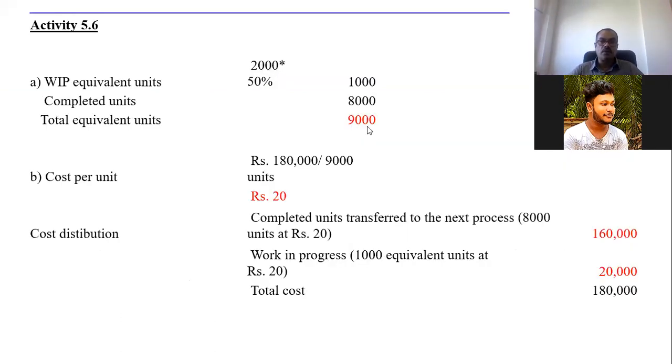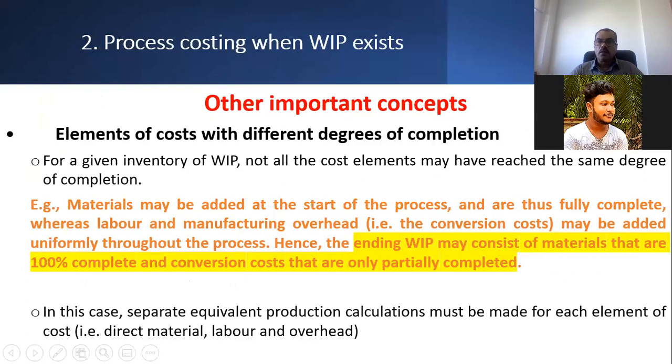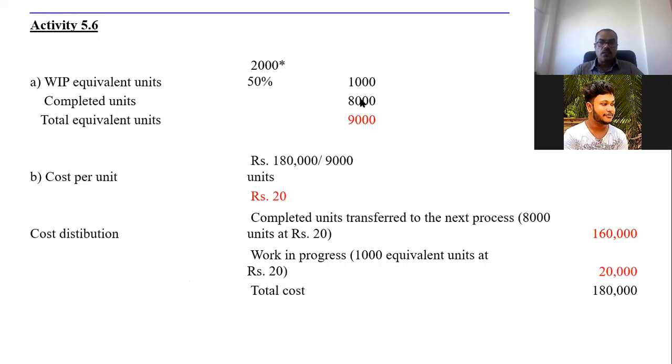Okay, this is the answer. Anyway, some answers are also there. Good, 9,020. Good. And yes, 2,000 into 50%, that is 1,000. Completed units 8,000, altogether 9,000.